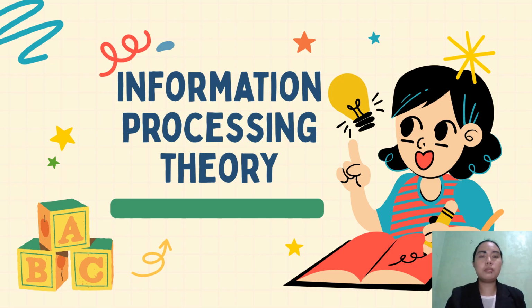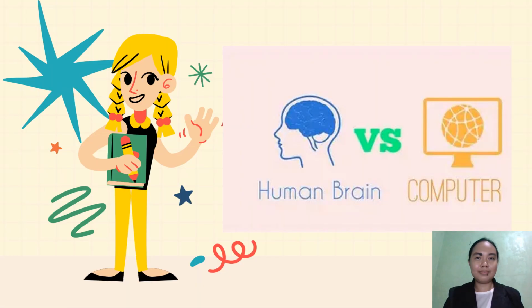Today, we will be discussing one of the most important concepts in educational psychology, which is the information processing theory. Have you ever wondered how our brains actually learn, store, and remember information? Well, just like a computer, our minds also have a system for receiving data, processing it, and saving it for future use.